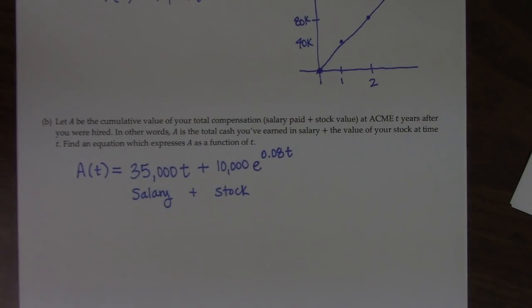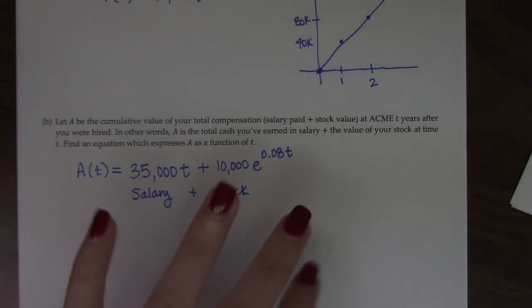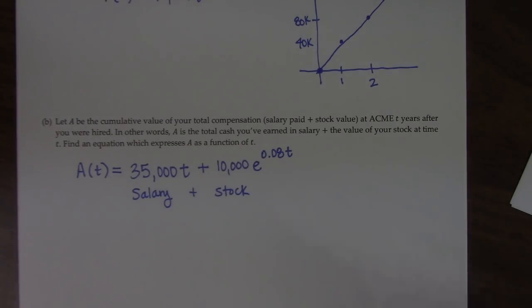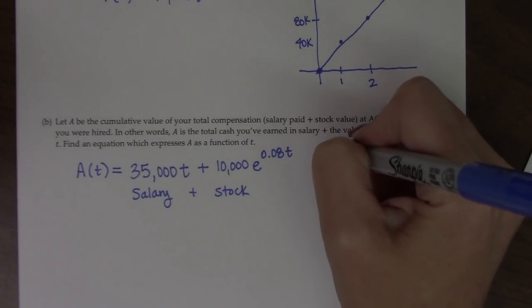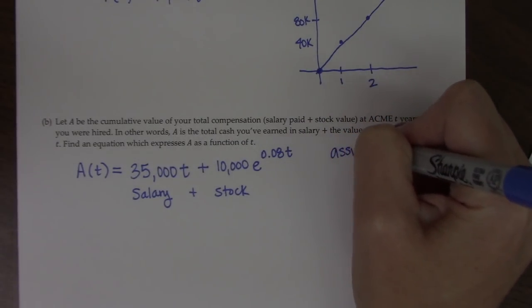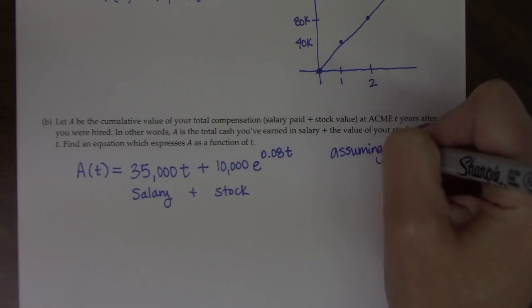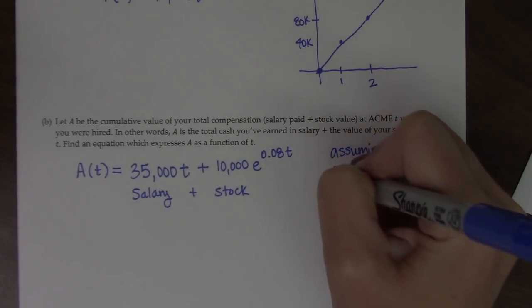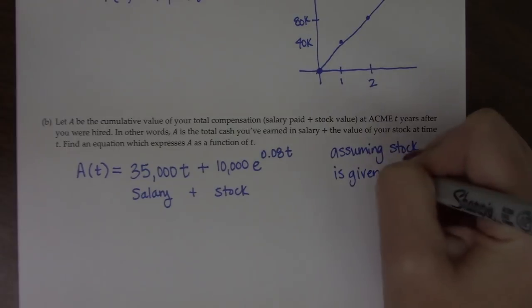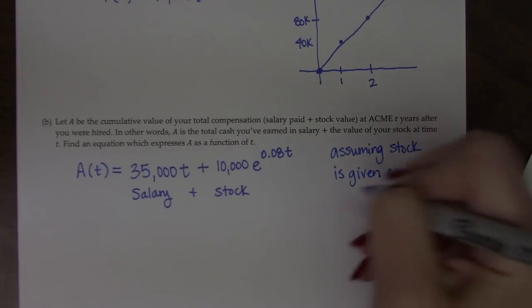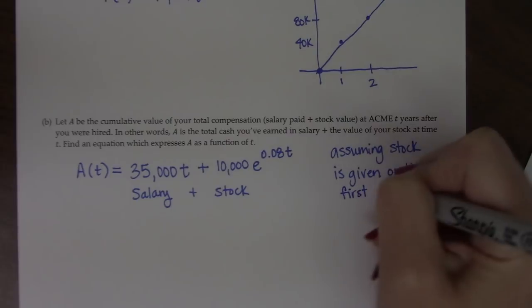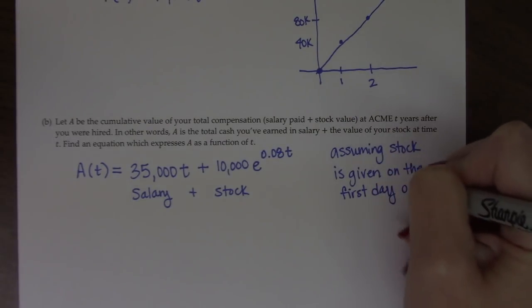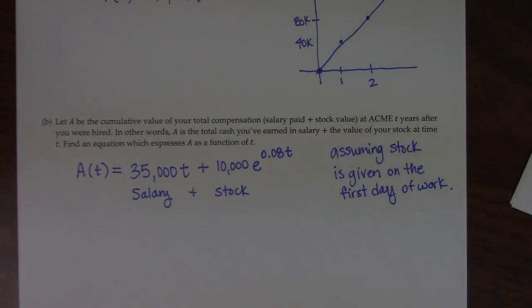So we would have to adjust that for t-1. But because it didn't specify, if you're ever unclear about that, I might write a note here saying, assuming stock is given right on the first day of work, right?